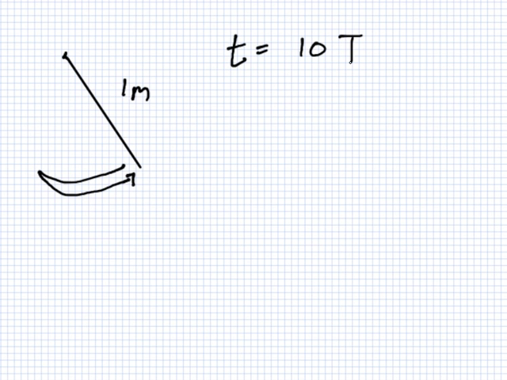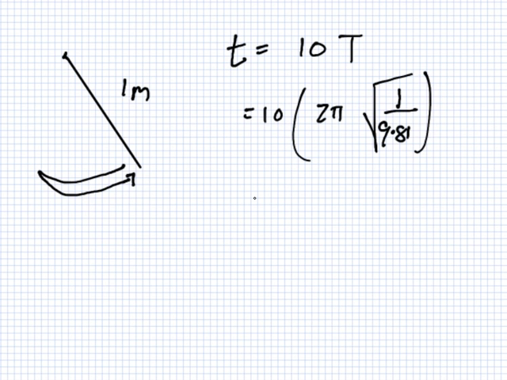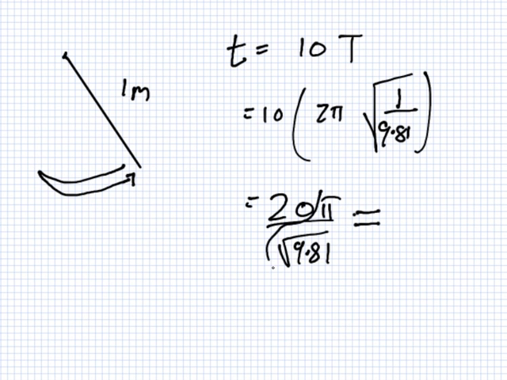That would be 10 times 2 pi root L over G. So that would be 20 pi over root 9.81. It's about 20 seconds, because I know that roughly these cancel.